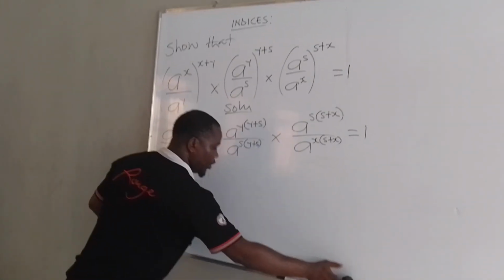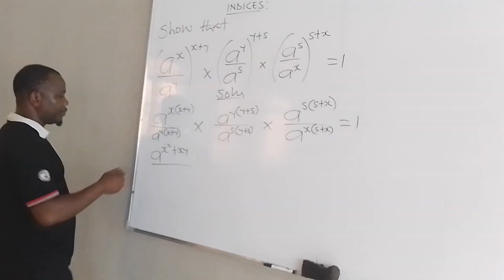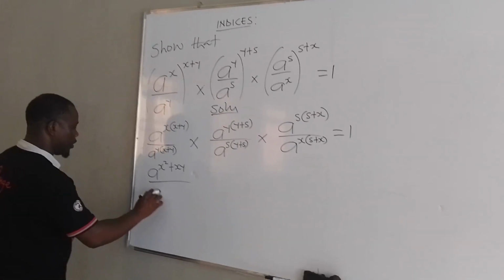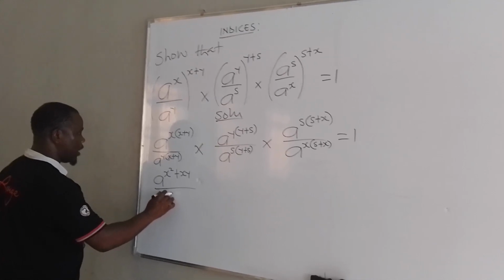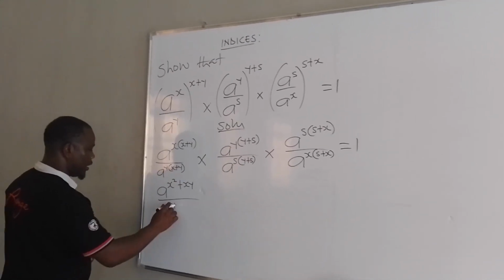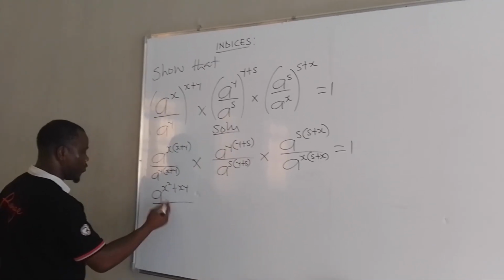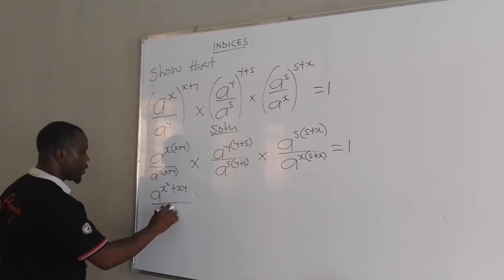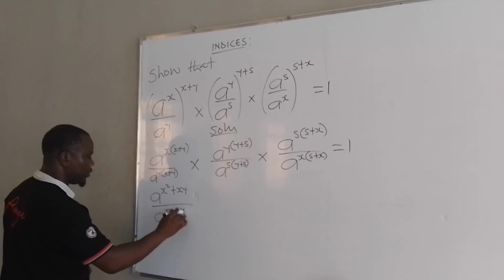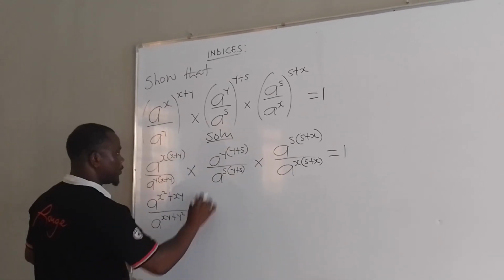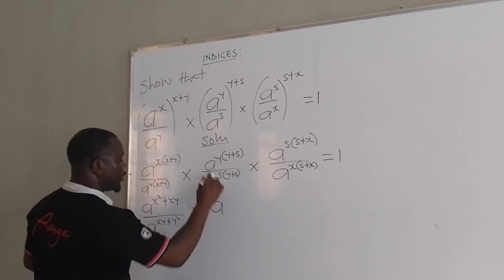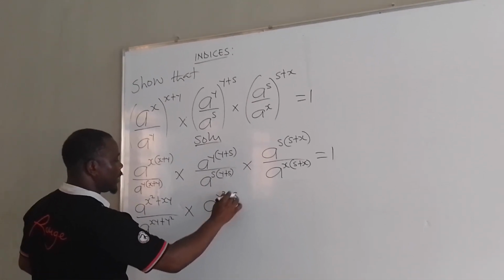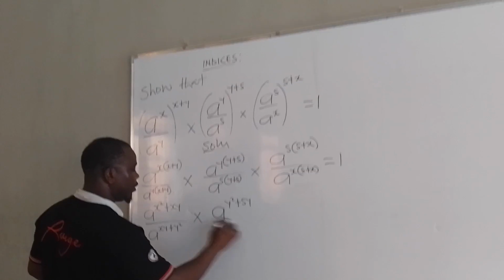Okay? So if you agree with me, the same thing applicable here. A raised to the power of y times x, it will give us xy, anyhow you want to write it, or yx. Xy plus y times y, it will give us y squared, times the same thing applicable, a raised to the power of y squared plus sy or yx, anyhow.